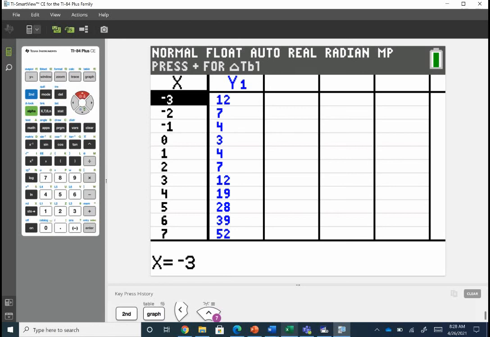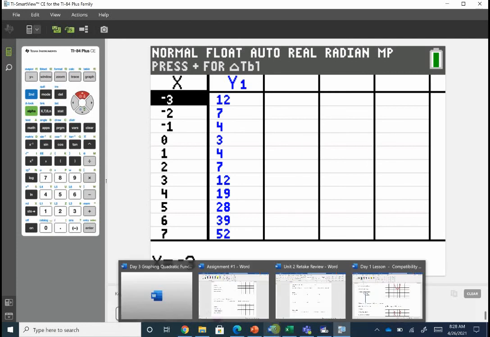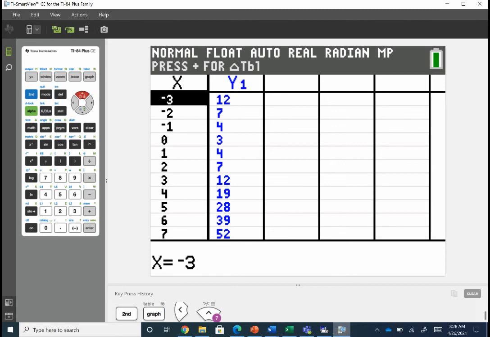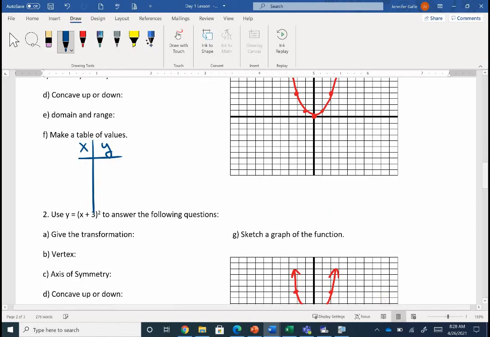And then we've got -1, 4. Actually, I'm going to go ahead and freeze my calculator up there so I can write those. So I'm just going to make on my table, the middle is 0, 3. And then we've got -1, 4. And I'm just going to put 1, 4.